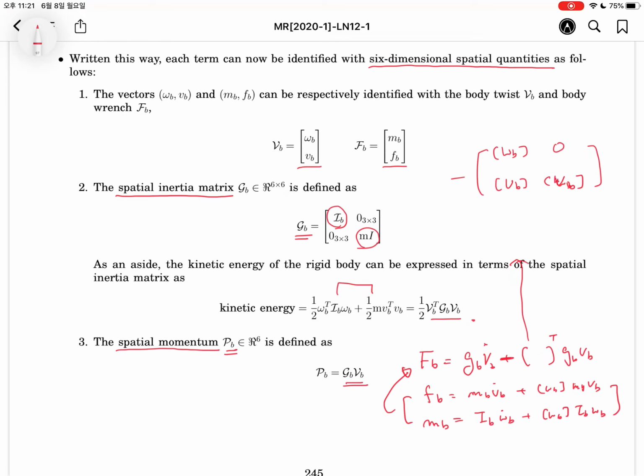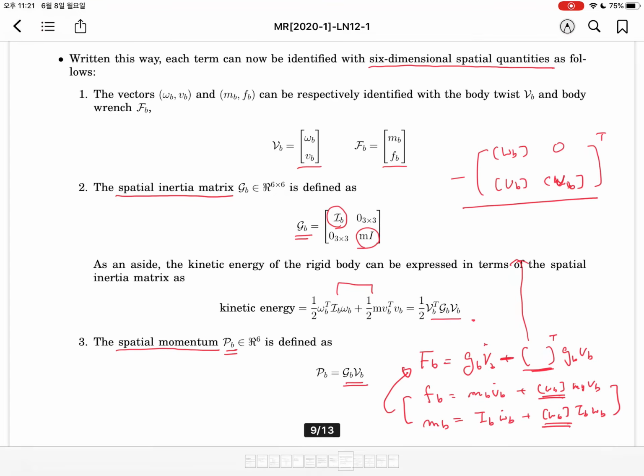I'm sorry, this is the omega_B transpose. Okay, we don't know this notation. According to the previous linear dynamics and the rotational dynamics, it is corresponding to the cross product operation.